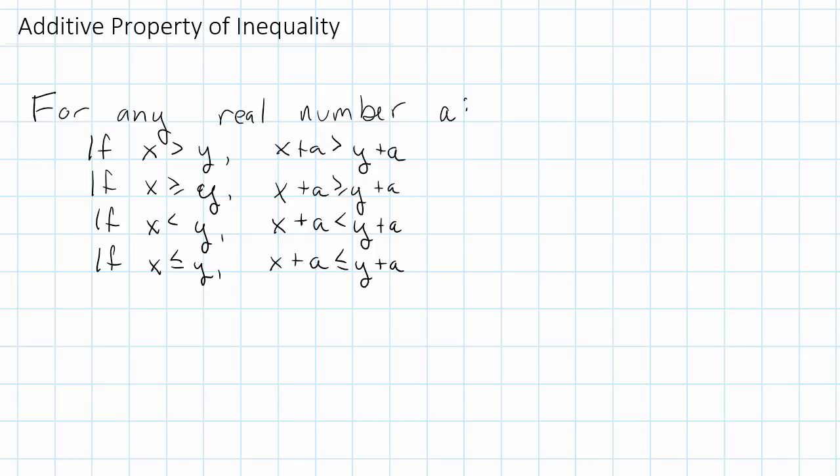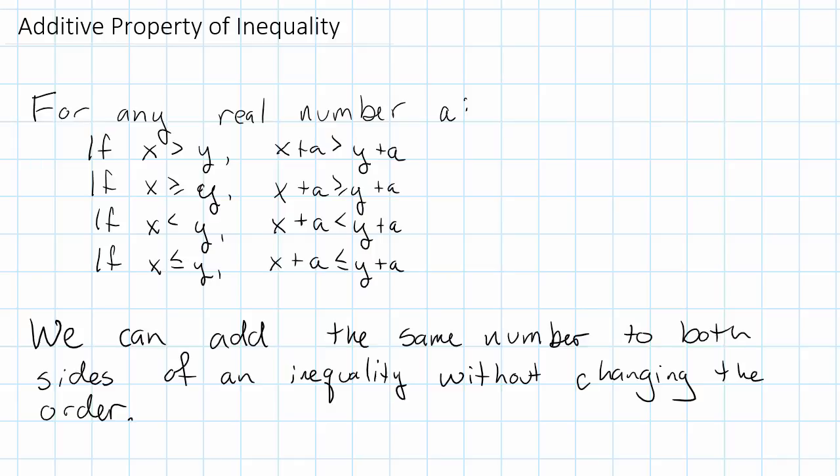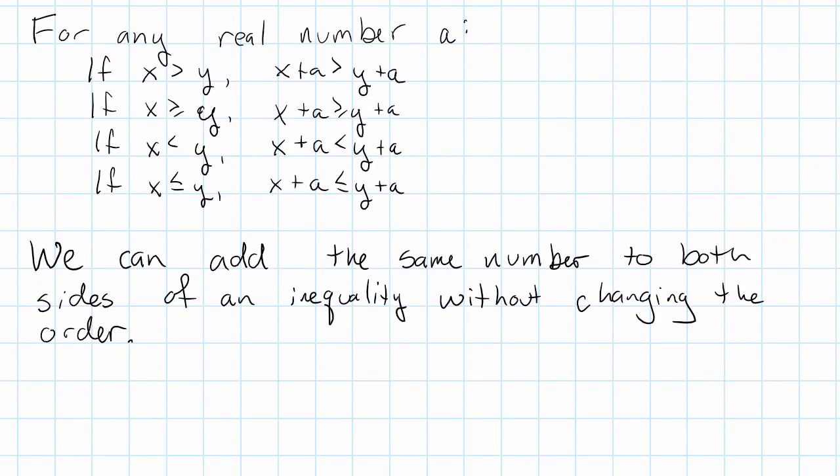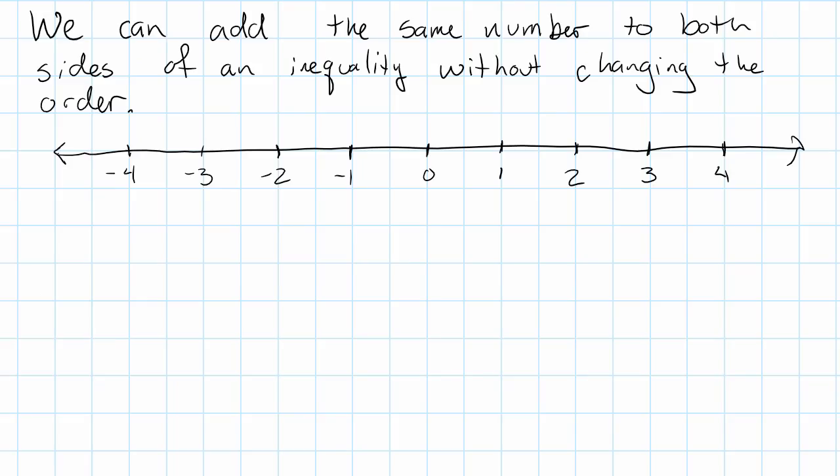It applies to each of our inequality symbols. Put a little bit more colloquially, we can add the same number to both sides of an inequality without changing the order. To think about why, well, let's look at a number line.